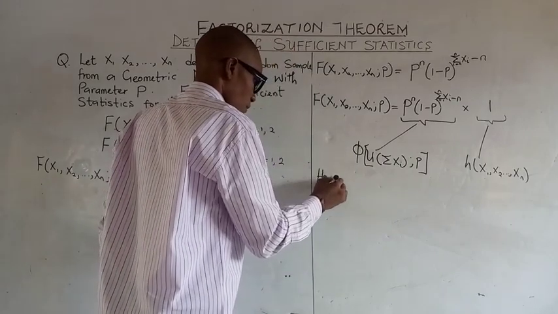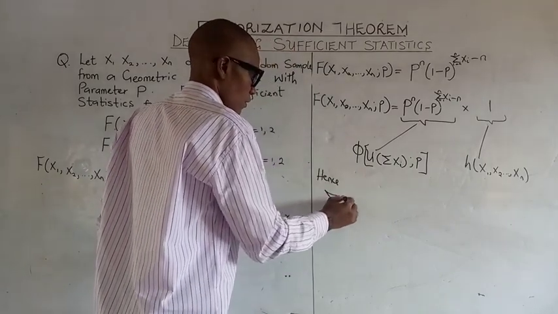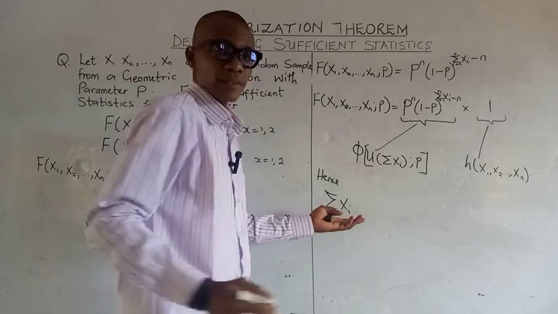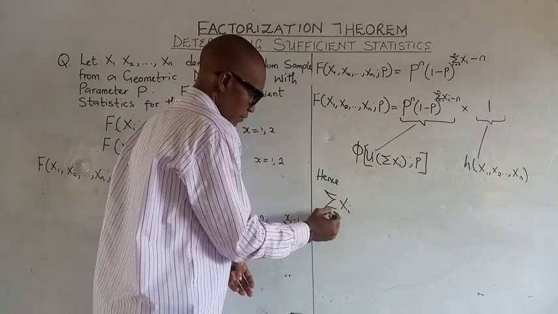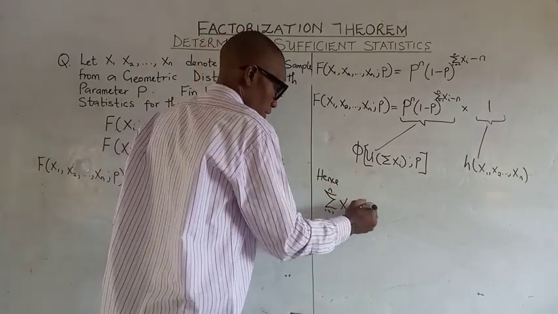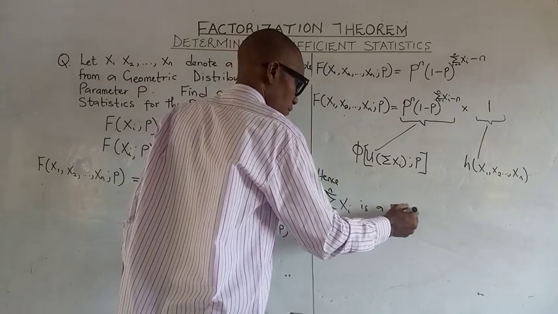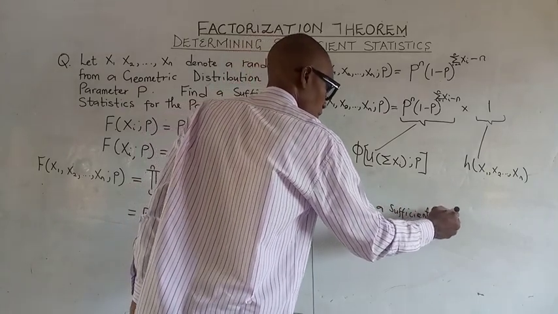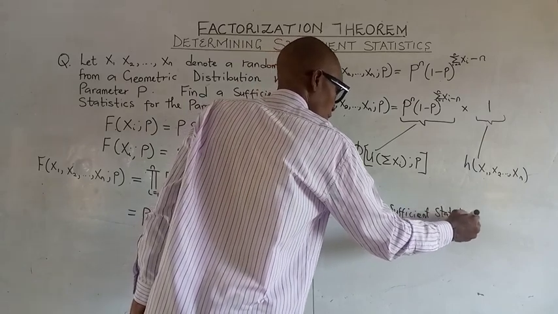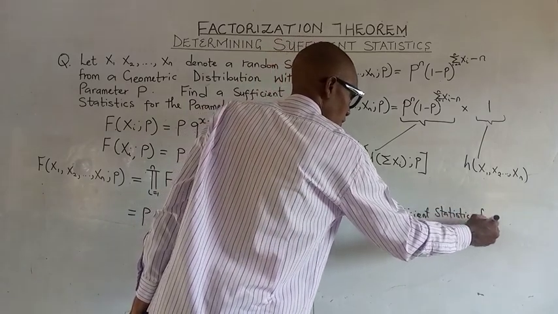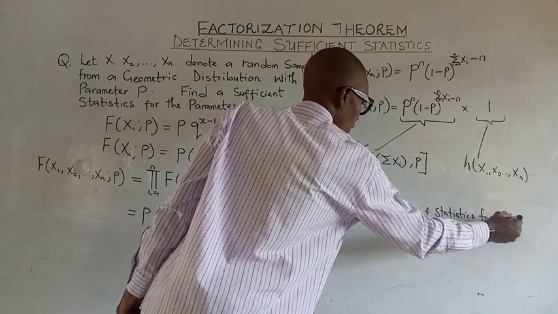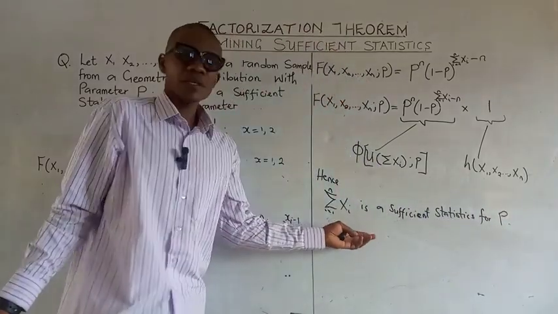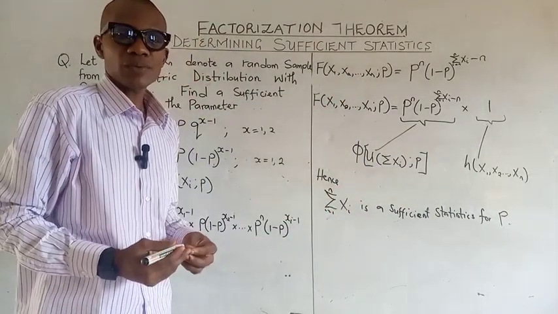Hence, the summation of xi, that means i ranging from 1 to n, is a sufficient statistic for p, since p is the parameter we are dealing with.